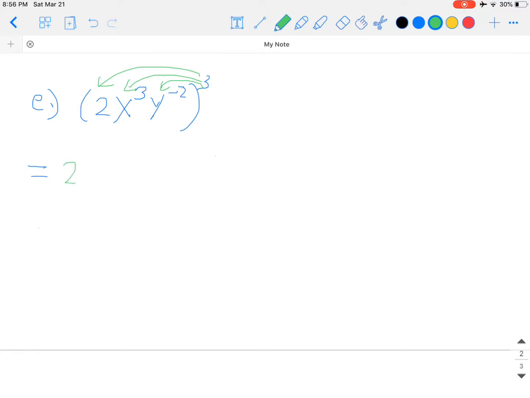Therefore, we have 2 to the 3, x to the 3 times 3, y to the negative 2 times 3. Let's simplify this. 2 to the 3 is 2 times 2 times 2, which is 8. x, 3 times 3 is 9. y, negative 2 times 3 is negative 6.